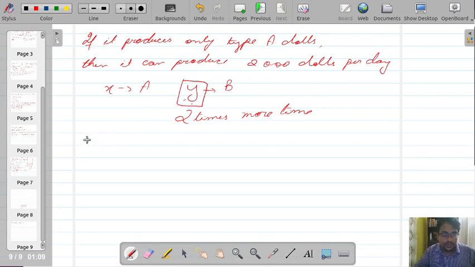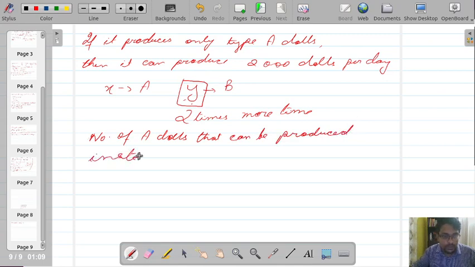So the number of A dolls that can be produced instead of B is equal to twice y.